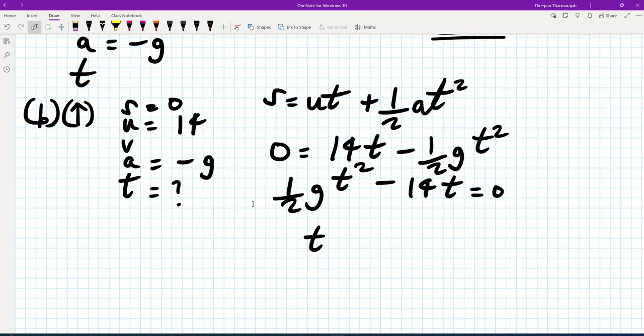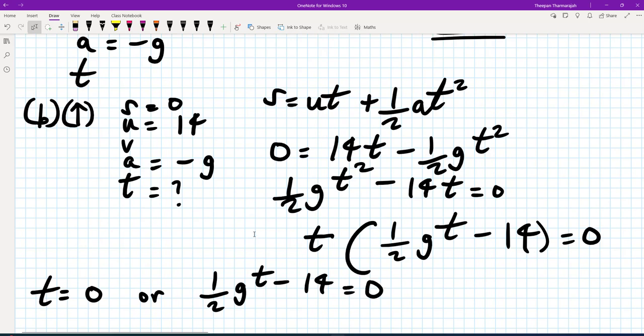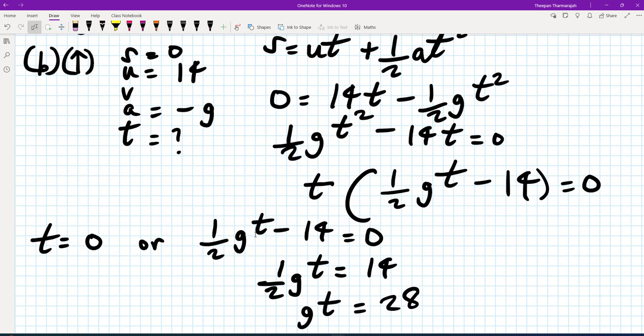Factorize t out. So it's t times half gt minus 14 equals 0. So we know initially at time 0 the displacement is 0, but here's the key thing, that half gt minus 14 equals 0. So we can say at that point half gt is equal to 14, gt is equal to 28.